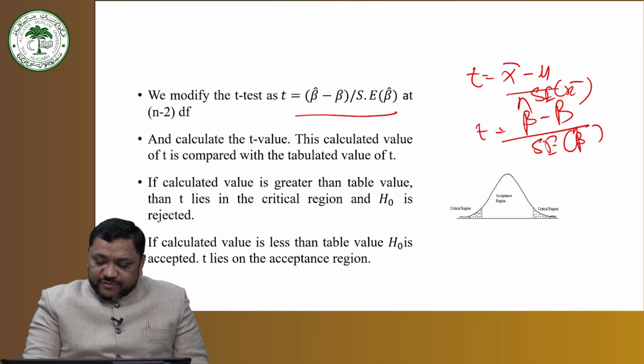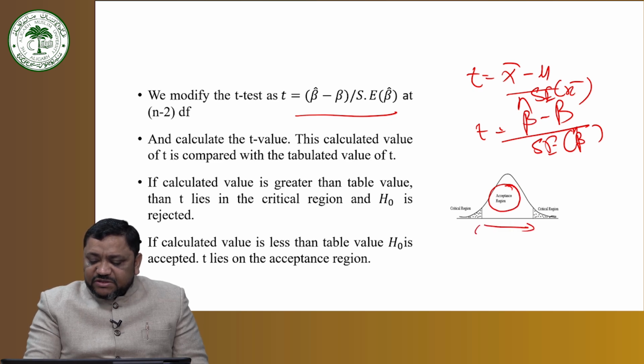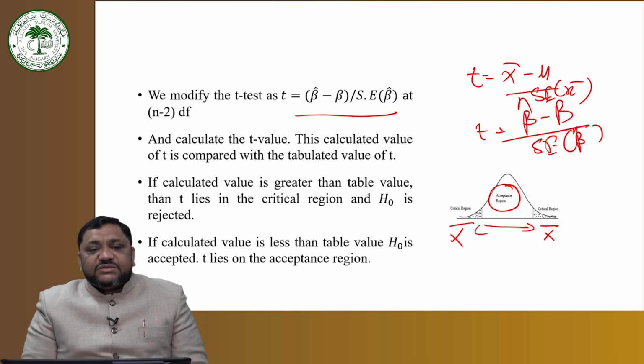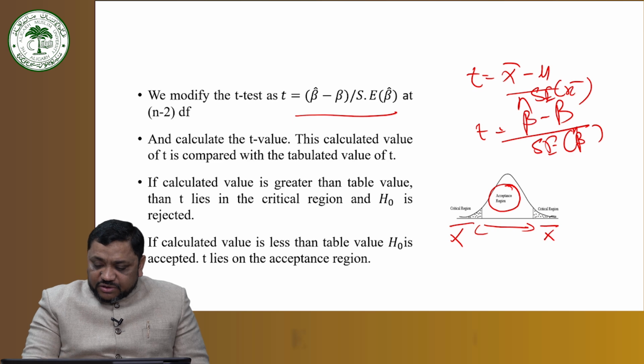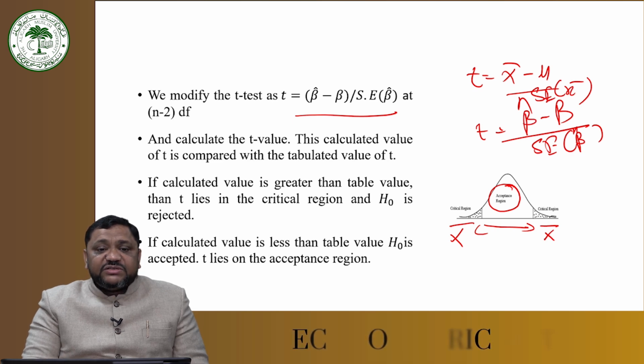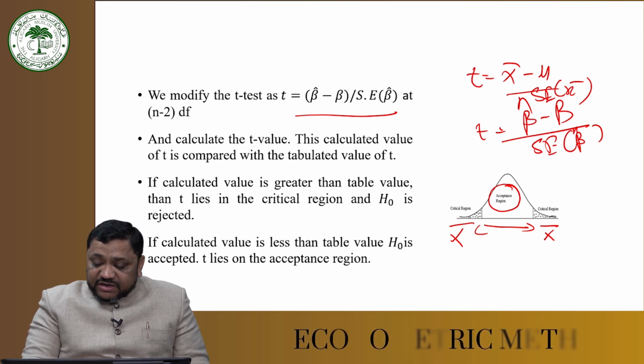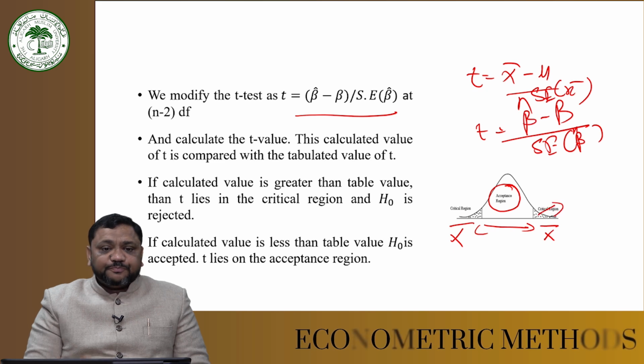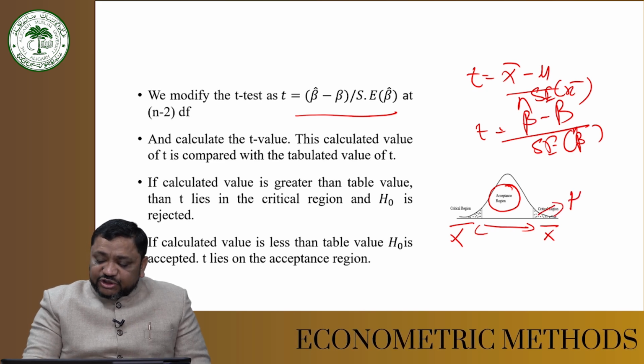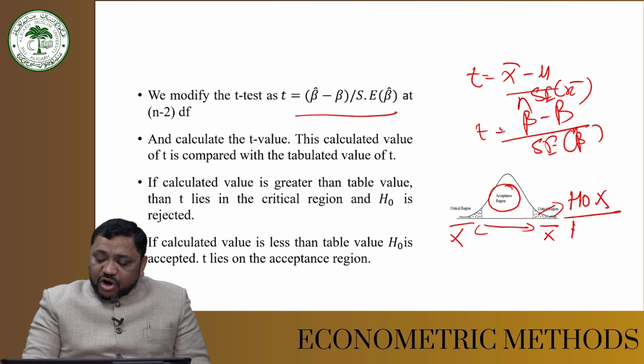If we draw the t distribution, this region is the acceptance region and these regions are the rejection regions. If the calculated value is greater than the table value, that is, the t lies over here, then H naught is rejected and the alternate hypothesis is accepted.